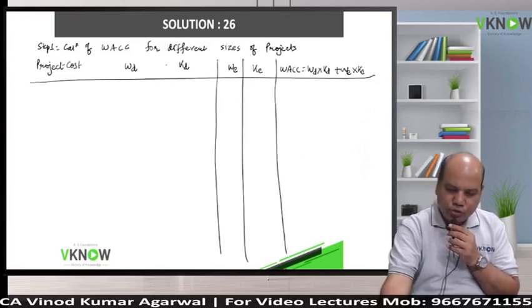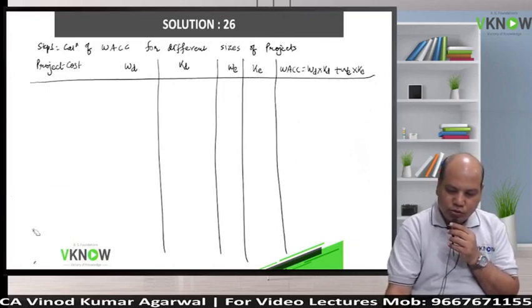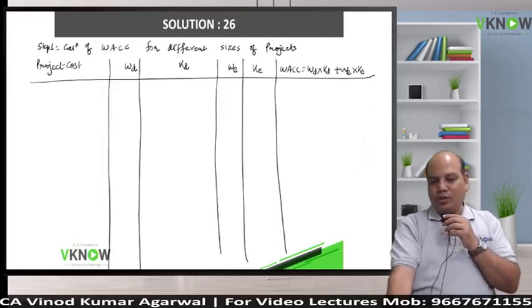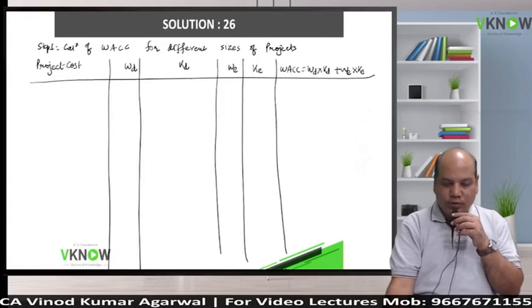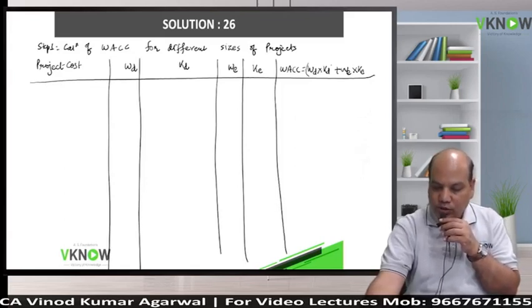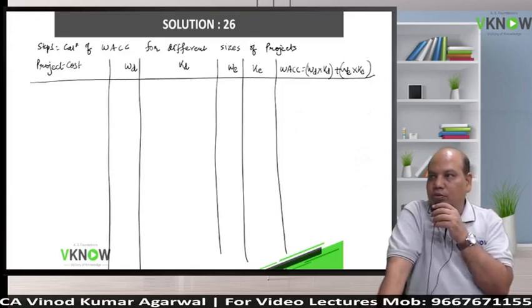So instead of solving by making 4 tables, we will solve all 4 answers in one table. It is like solving 4 questions in one table. So first you draw this format: project cost, weight of debt, weight of equity, cost of equity, and WACC equal to WD into KD plus WE into KE.